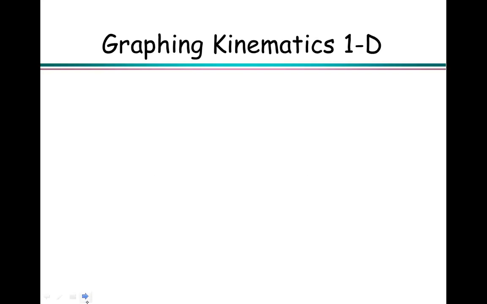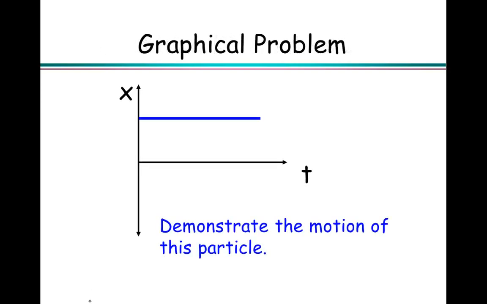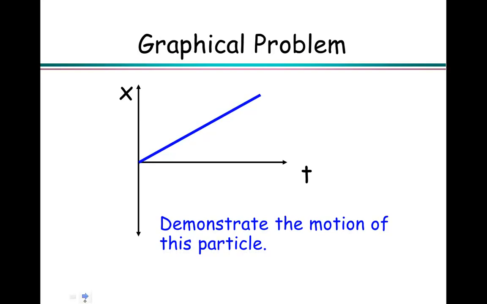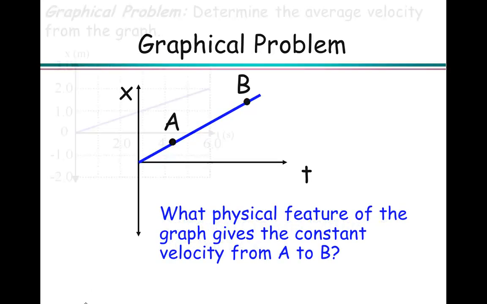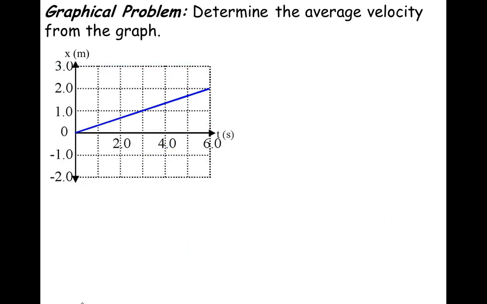Let's start this next part by looking at some graphs in 1 dimension. These are some things that we're going to look at in class, how we can do these things. You could maybe try to figure those out beforehand, but if not, that's okay.